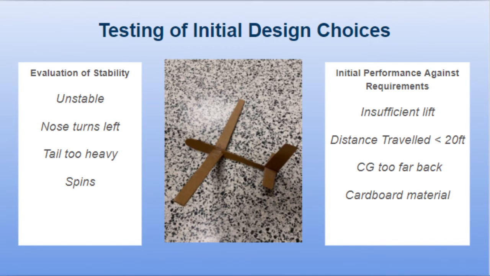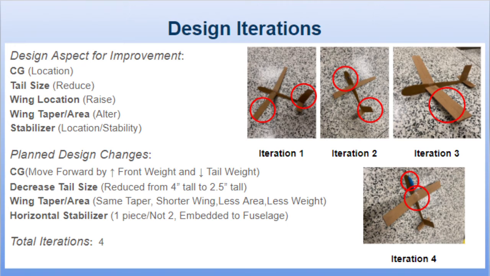For testing this design, I noticed that there was a lot of instability and there was some turning motion, and the tail was too heavy. Overall, the CG was a bit far back and it didn't travel the required distance, and it was not the right material.